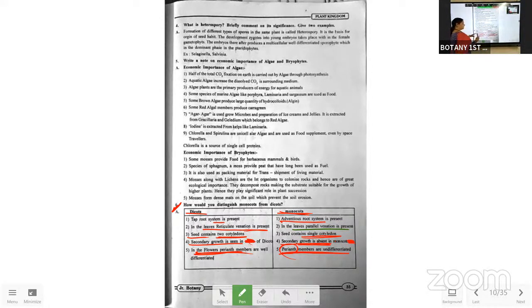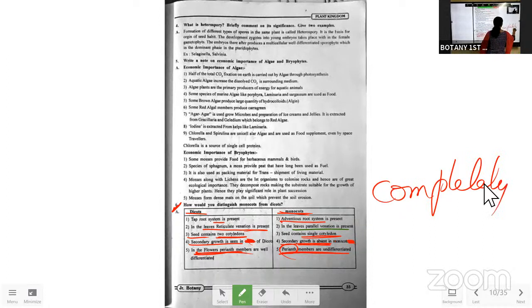Next one, leaves. Leaves have reticulate venation in the dicots, whereas they have parallel venation in the monocots. The next comes secondary growth. Secondary growth is seen in the dicot plants. Secondary growth is completely absent in the monocot. The word is completely absent. Remember this.